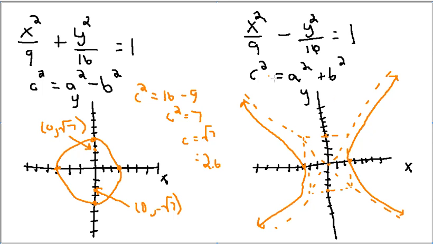So it's going to be c squared equals 16 plus 9. 16 plus 9 is 25. 25 equals c squared. C is equal to 5. So we're going to go 1, 2, 3, 4, 5 in that direction, 5 in this direction. So my foci will be 5, 0, and negative 5, 0.